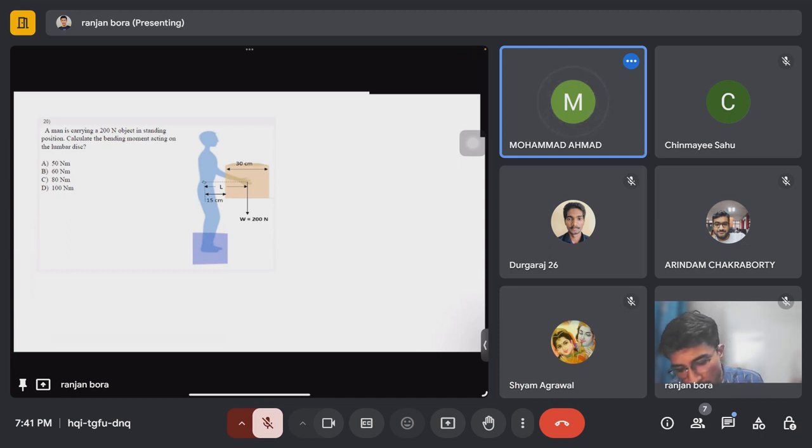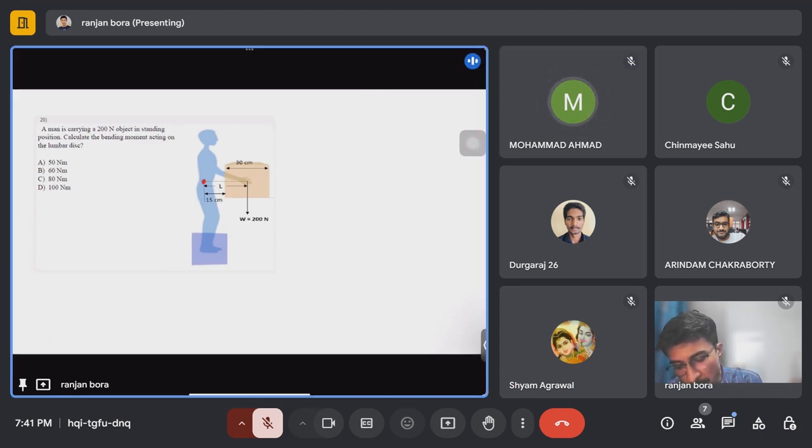Yeah, the lumbar disc is here. So from here, the distance is this much. This is r equal to 15 plus 15, because the weight of the object acts through the center of gravity of the object, which is at the midpoint. So it will be 30.